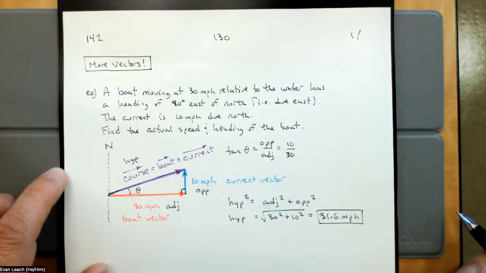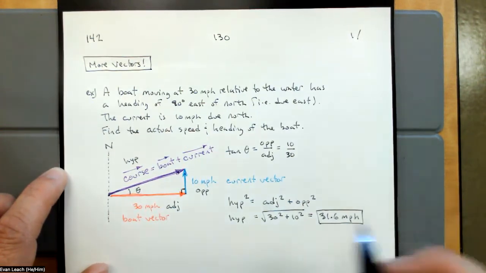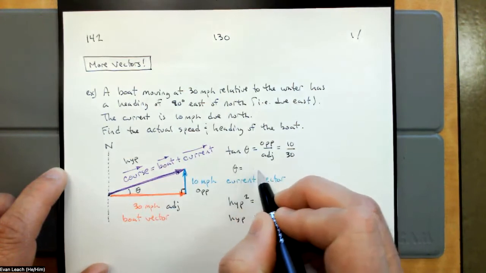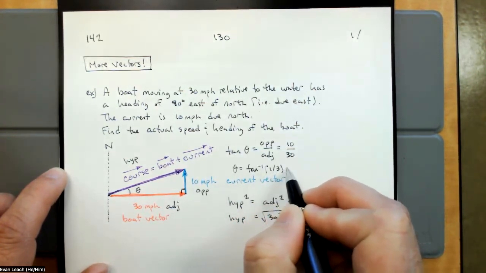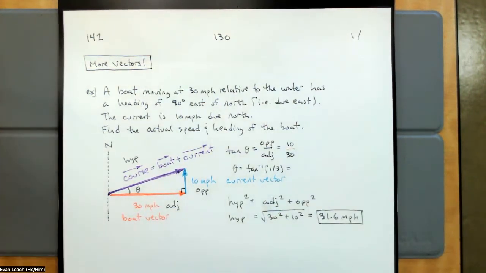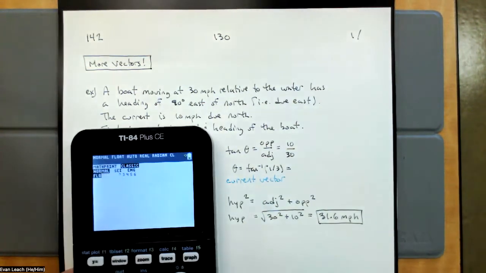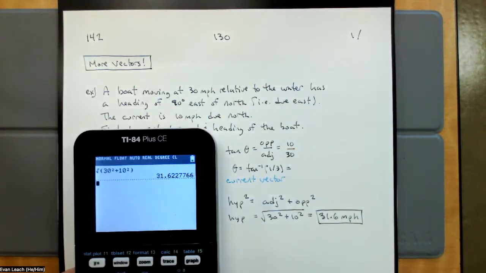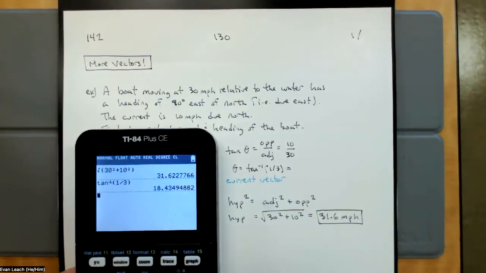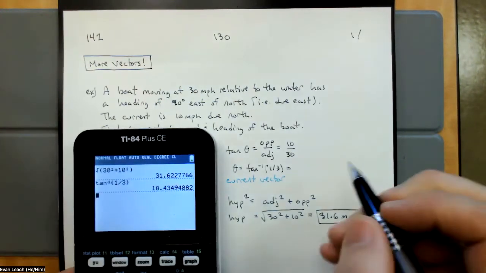So theta will be the inverse tangent of 1/3. So I'm going to switch my calculator to degrees and do a tangent inverse of 1/3, 18.4 degrees.